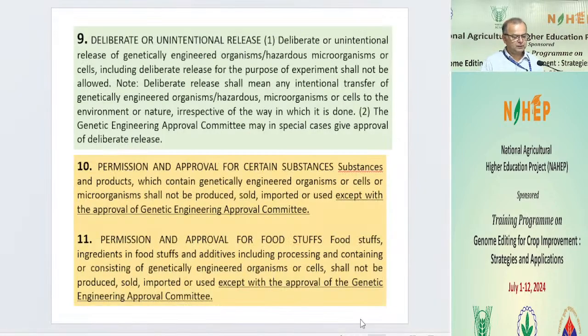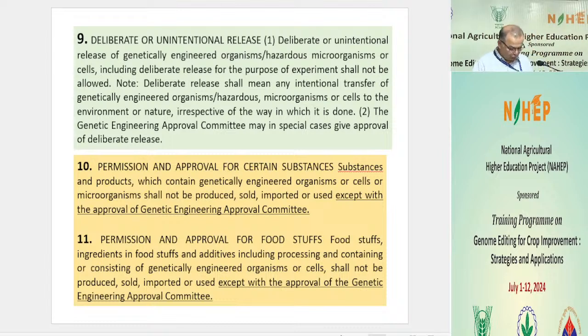Permission and approval for certain substances and products which contain genetically engineered organisms: they are not allowed to be produced, sold or imported without the permission of GEAC. Even for foodstuff, until and unless it is permitted, you cannot use it if there is a chance of that foodstuff containing GMOs.